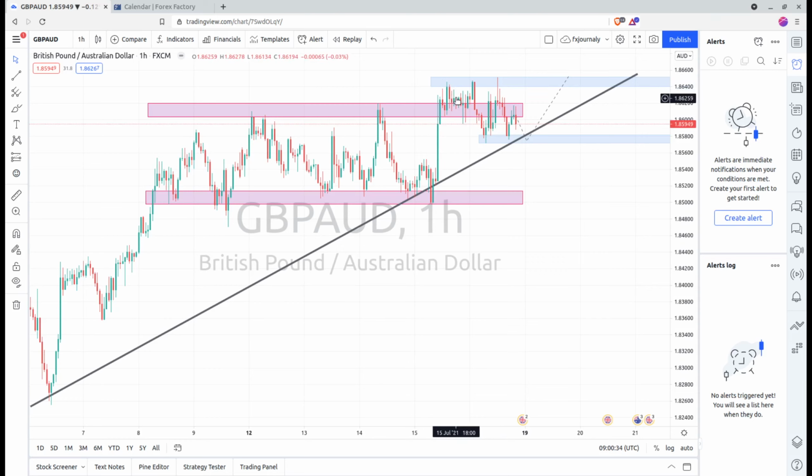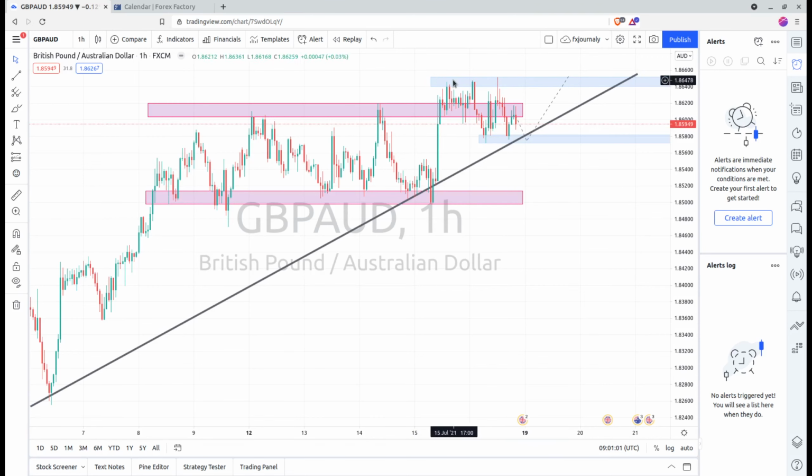Then several hours later it came back up into that zone, and again promptly descended back down. And then several hours later it went back into the zone, and it just kind of wicked into that zone and sharply came back down. So that tells us that this is a new resistance.